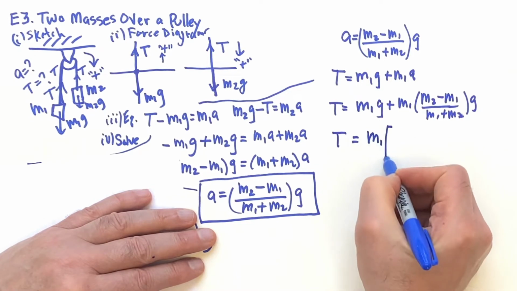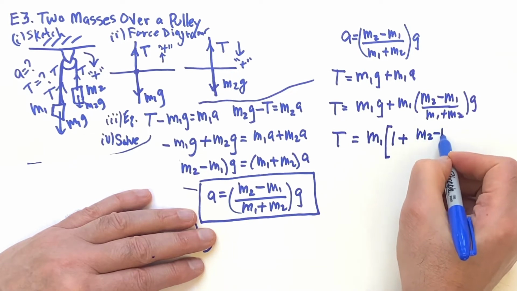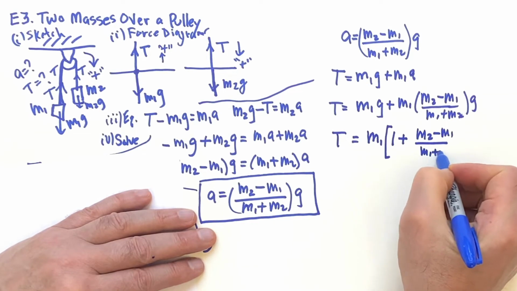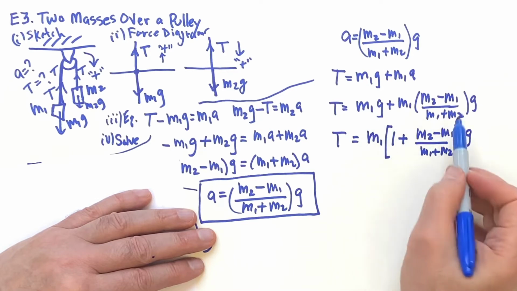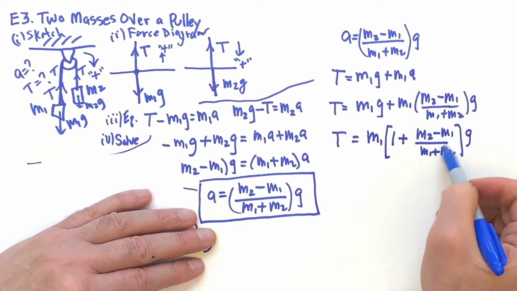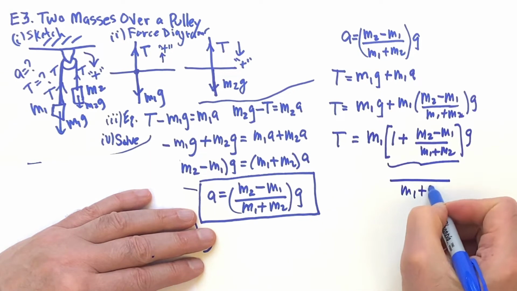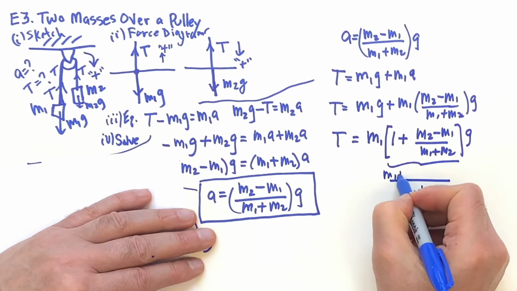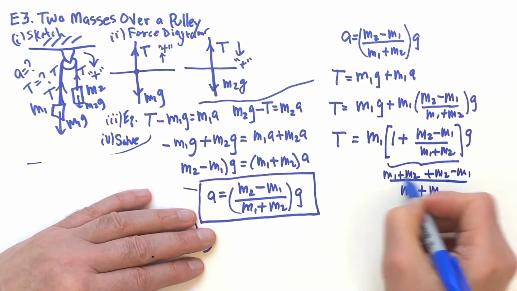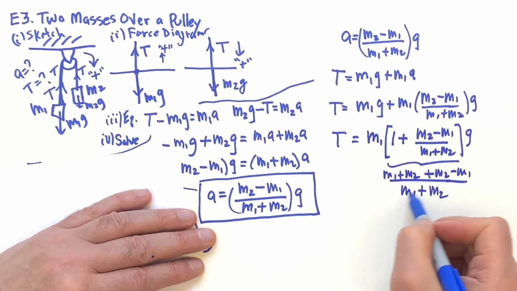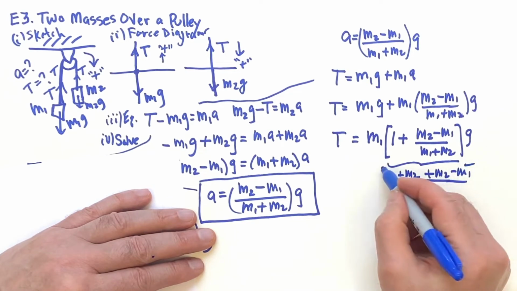Here's an M1, and I'll have 1 plus M2 minus M1 over M1 plus M2, and I'll put the G on the far right. So I have M1G, and then I have M1 times all this mass stuff times G. This we can add together by finding common denominator, M1 plus M2 plus M2 minus M1. So here, this grouping, when you divide the sum into the sum, you get 1, and then this is the second term. Notice that these cancel.